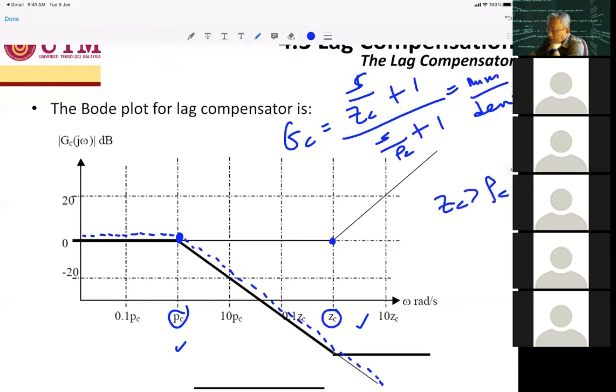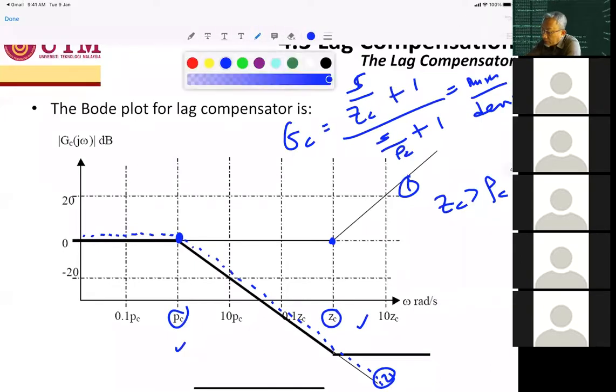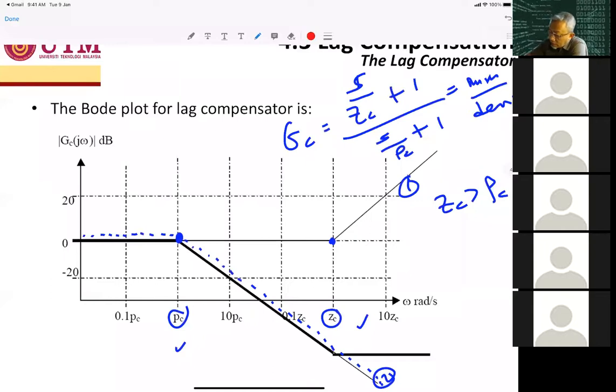If we add the two gain curves in the Bode diagram, the first one and the second one, it will give you the total, which is the black one.